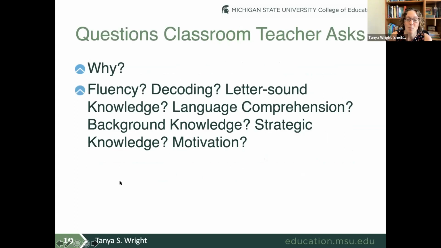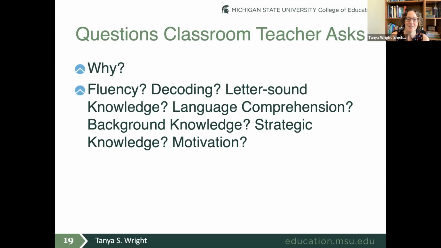But what I want to work through with a teacher is thinking about why, right? Why are those texts challenging? Are those children needing support with fluency, decoding, letter sound knowledge, maybe comprehending the meaning of the words in the text? Maybe the texts they happened to read were challenging because the kids had limited knowledge about the topic of the text.